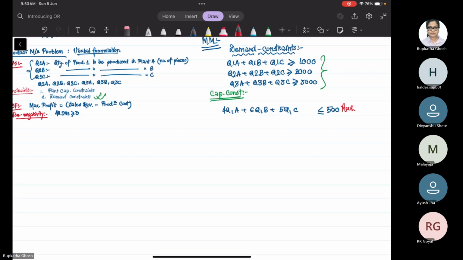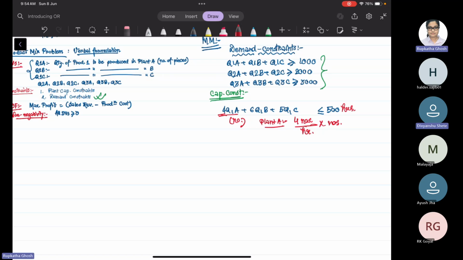If you see Q1A, what is the unit here? Number of pieces. What is 4? It means 4 numbers of product 1 can be produced per hour at plant A. So you are multiplying 4 numbers by some numbers per hour. Does that make any sense? No.